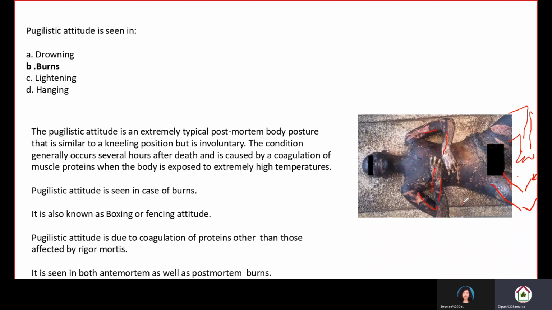The condition occurs several hours after death. When it occurs is very important. Even MCQs come from this type of facts. Pugilistic attitude occurs several hours after death, and it's caused by coagulation.